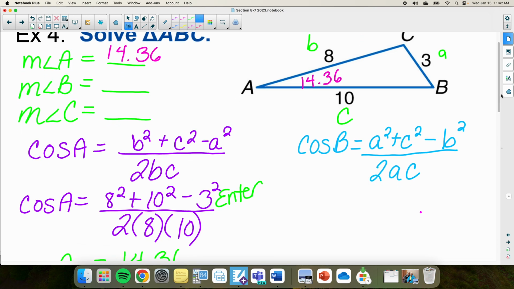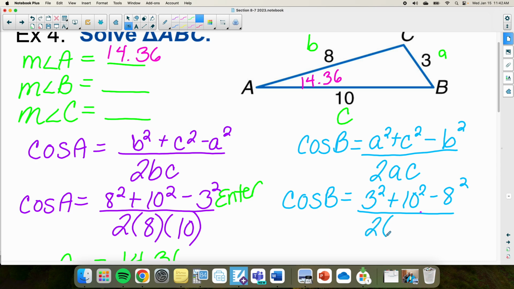Okay? So let's plug in what we know. Cosine of B equals, A is 3 squared, C is 10 squared, minus B squared is 8 squared, all over 2 times A is 3 and C is 10.